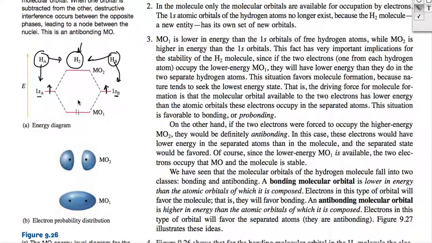Well, where are they going to reside? The order in which they reside is always going to be lowest energy first. So you're going to form a bonding. This is bonding, this is anti-bonding, and this is for the two s orbitals sharing their electrons.